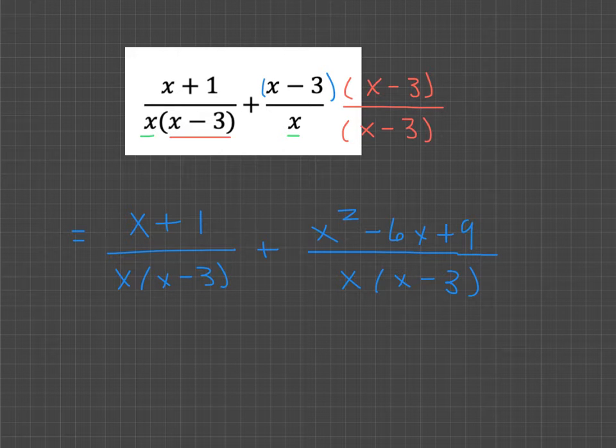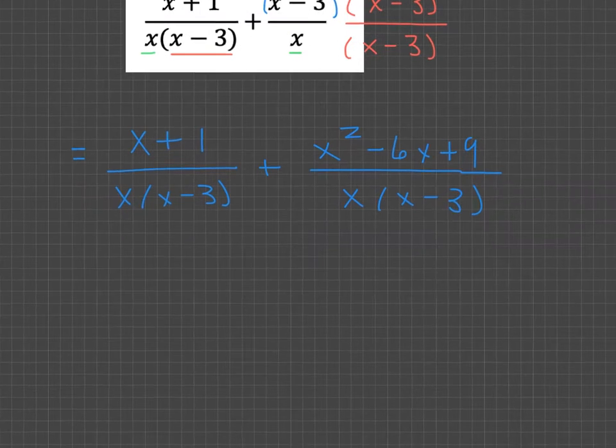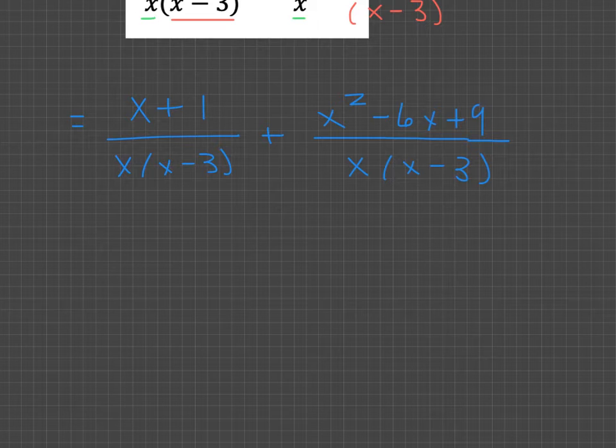So that's our common denominator. Now we can add across the numerator over this common denominator, which we can leave in factored form. We don't need to multiply that through. So we have just the x squared, and then we have x minus 6x, so that'll be a negative 5x. And then 1 plus 9, so that's a plus 10.